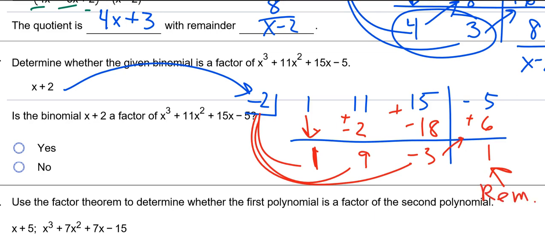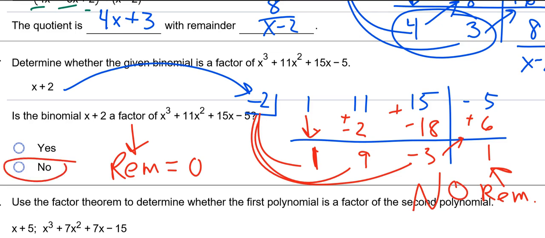In this particular question, I don't care about writing out the quotient with the remainder. I care about the remainder, okay? In order to be a factor, the remainder must equal 0. Does it? Answer, no. Remainder has to equal 0 for something to go in evenly, and clearly this does not go in evenly.